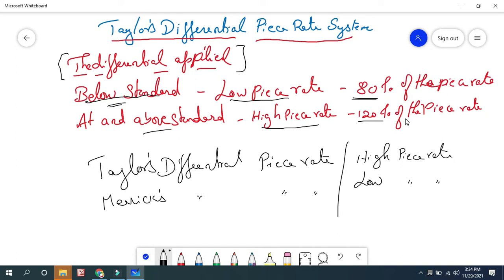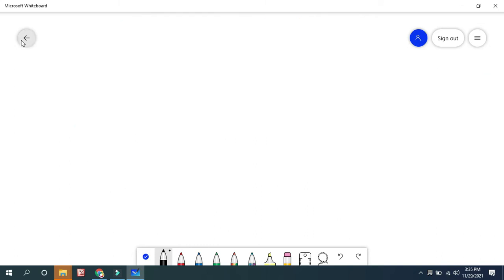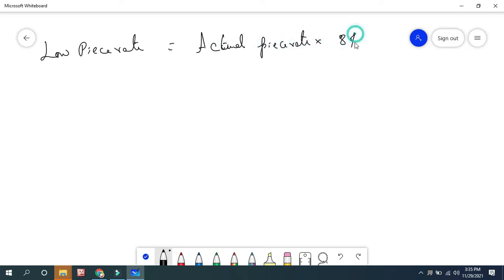Okay, so we are going to see some sums. Before that, I will clearly explain this formula once again, right? At low piece rate, the formula is actual piece rate into 80%, that is, actual piece rate into 80% of the piece rate.